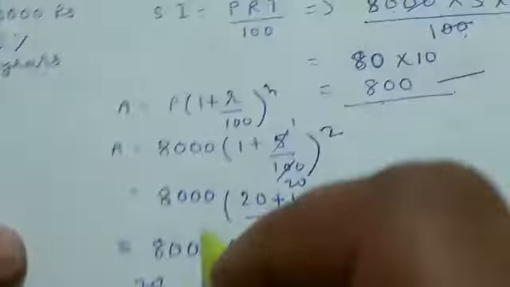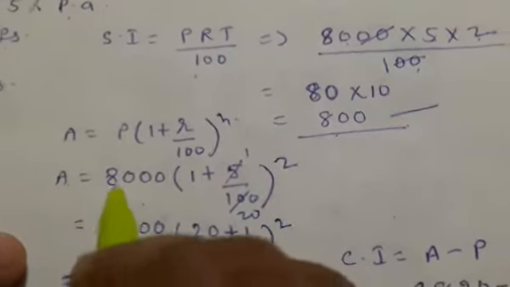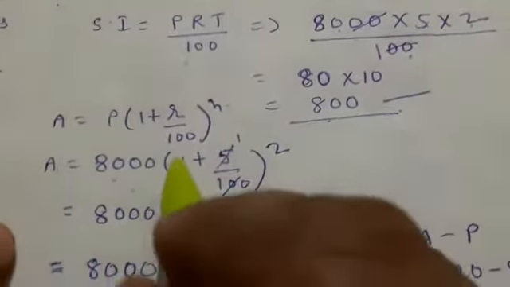Now let us find the compound interest. A is equal to P into (1 plus R by 100) power n, where we have to find A. P is given as 8,000, bracket open, 1 plus R is given as 5%, so 5 by 100, power 2. After simplifying, 5 1 ja 5, 5 20 ja 100.